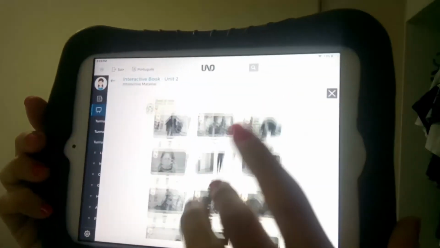So, open your book in page 67. Okay, so you have one listening about the verbs in the past. And for the page 68, you have an exercise about the text, the time explorers.